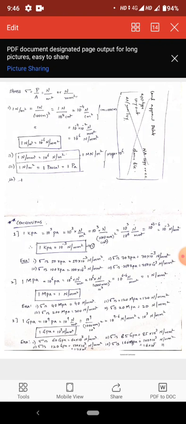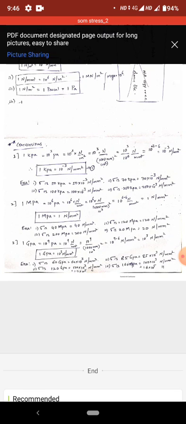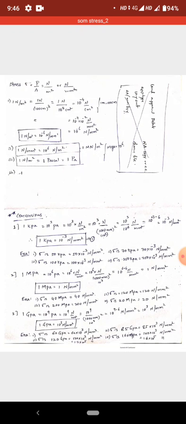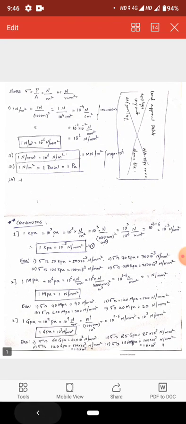For the conversion, 1 kPa is 10⁻³ Newton per mm square, 1 MPa is 1 Newton per mm square, and 1 GPa is 10⁻³ Newton per mm square. These are the important topics for understanding the units of stress.